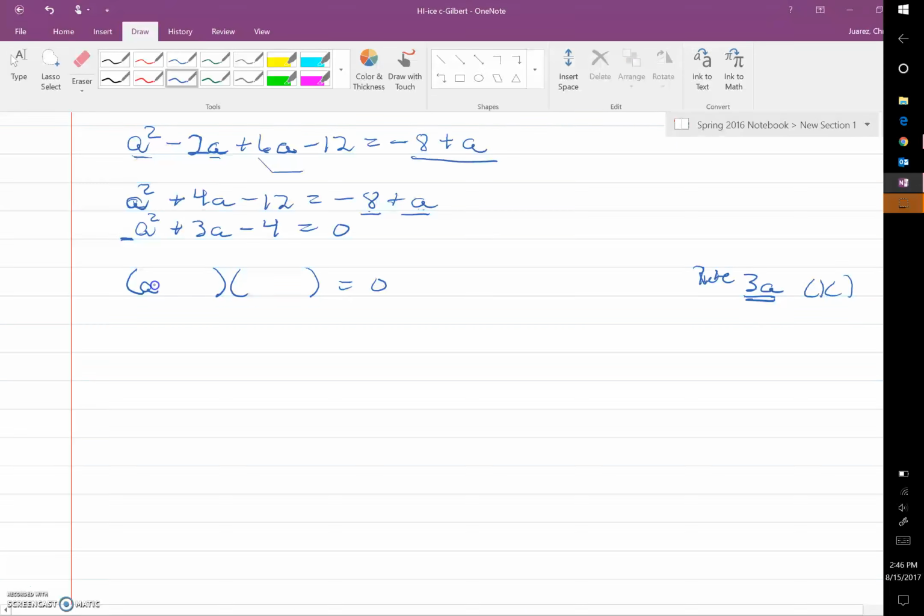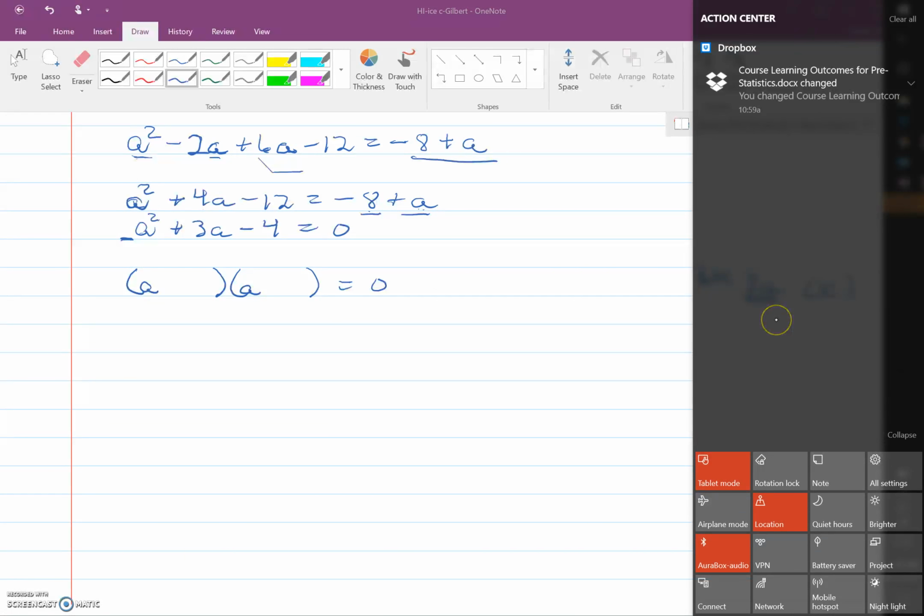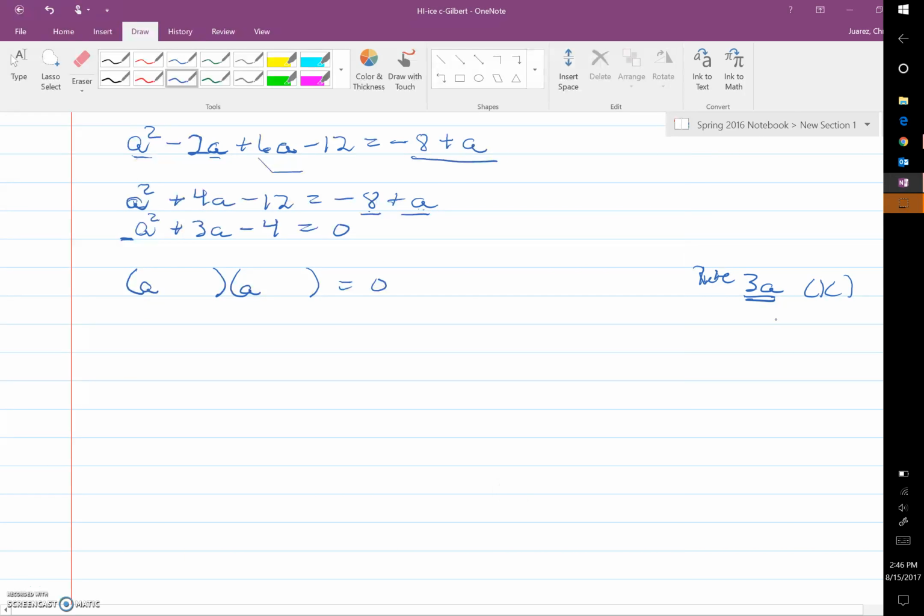And I'm going to put an a in the front of each one, and then 1 times 4 equals 4, and all my factors of 4, and it looks like I need this one, and that would have to be a negative 1 and a positive 4.